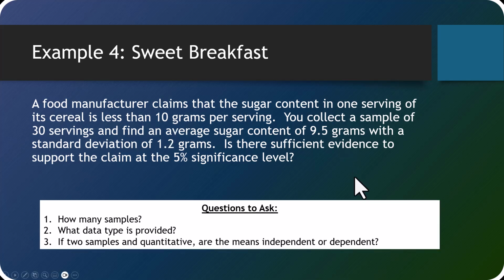So again, we have our 3 questions. Well, maybe 3, at least 2. How many samples? Just 1. You just collected a sample of 30 servings of cereal. What data type? Well, we have grams. Is that a count, a label, or a measure? It's a measure. We are measuring the weight of sugar. So we have 1 sample and quantitative data, so we don't have to worry about answering number 3.